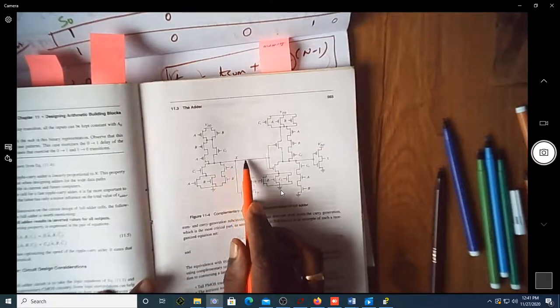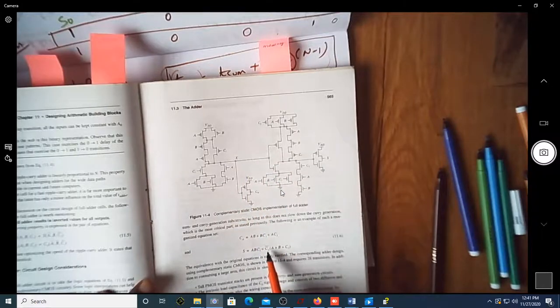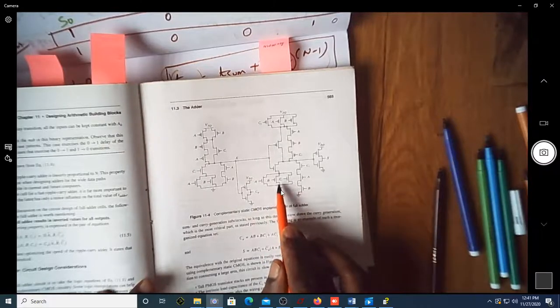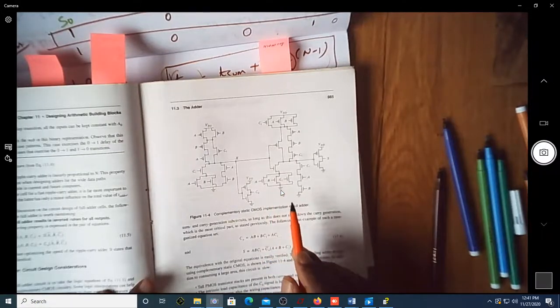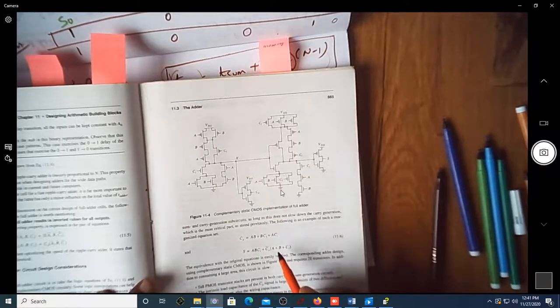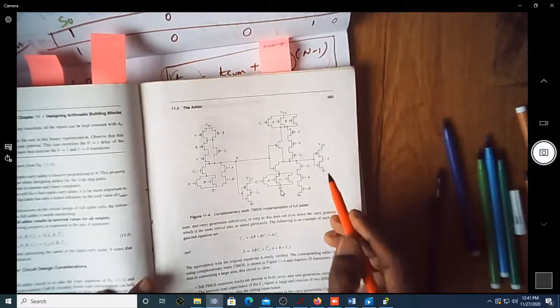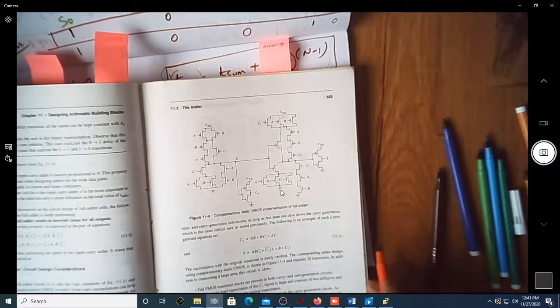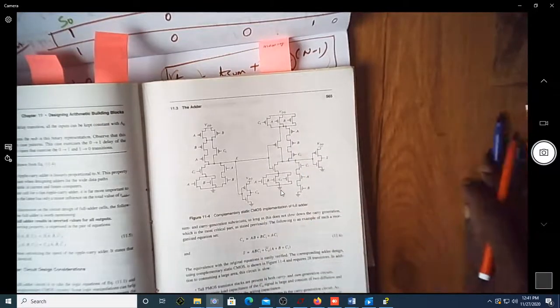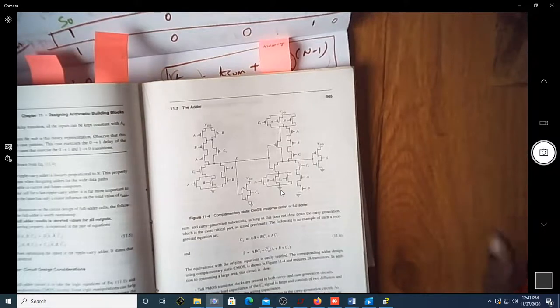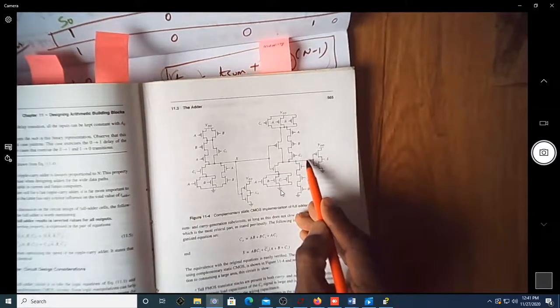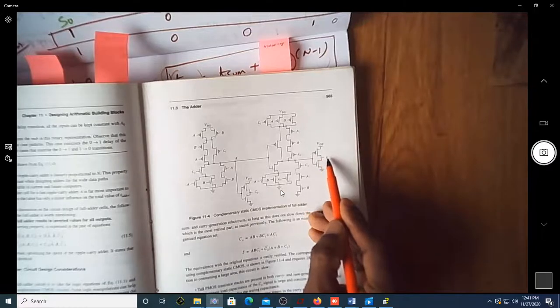This is C0 bar, which is one of the inputs, multiplied by A plus B plus Cin. Whatever you get at this point is sum bar. It is again complemented to get the sum, because we know that CMOS implementation is always complementary, or inverting, logic. So sum bar is inverted here so that you can get sum.